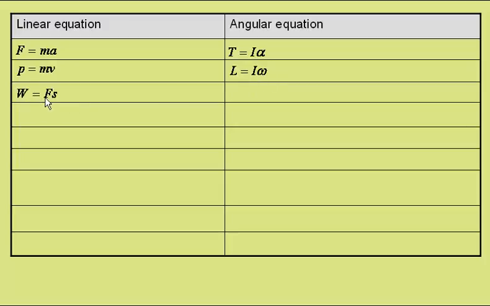Work done is equal to force times distance becomes work done is equal to torque times angle. Kinetic energy is equal to half mv squared becomes rotational kinetic energy is equal to half moment of inertia multiplied by angular velocity squared.